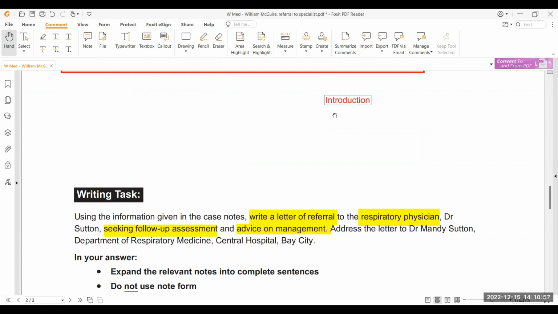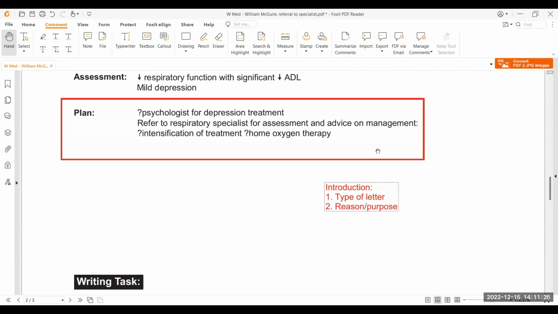The things that you want to put in your introduction would be the type of letter and also the reason why you're writing, or the purpose. Immediately the examiner would want to see why you are writing the letter. These two things, there will be additional things later as we write a letter. So let's take a look at the plan.